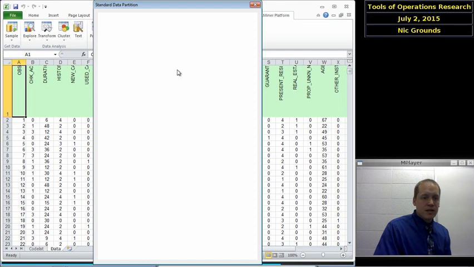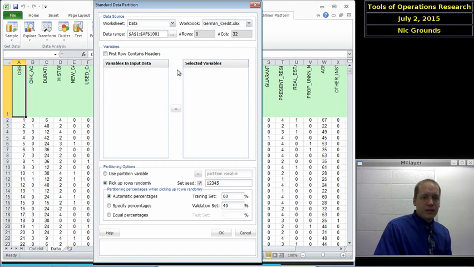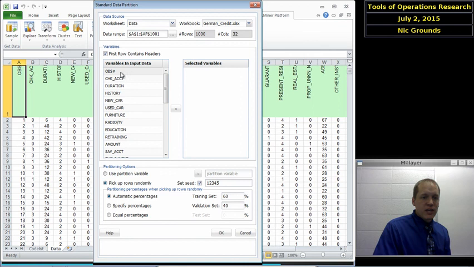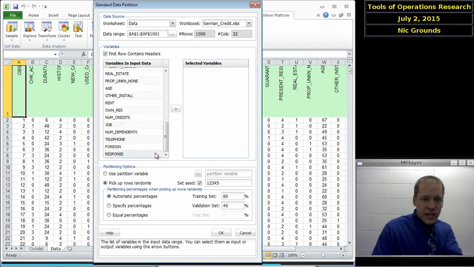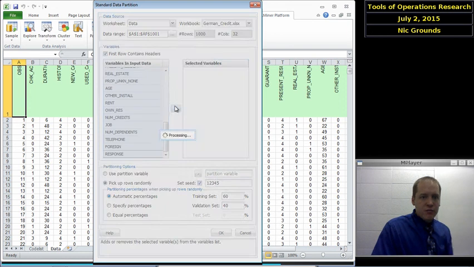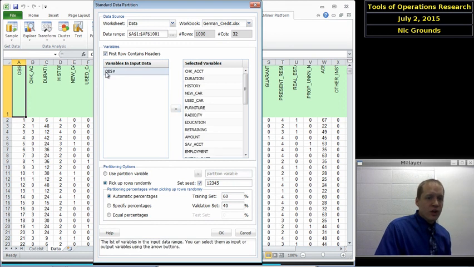And once this comes up, you will see we are given the option. So it's figured out that the first row has headers, that the names of the fields. And it's just going to ask us what fields do you want to include in the partition data. In this case, I'm actually going to partition all of the data except for the first field, which is called the observation number, which if you go back and look, has a unique value for every field.